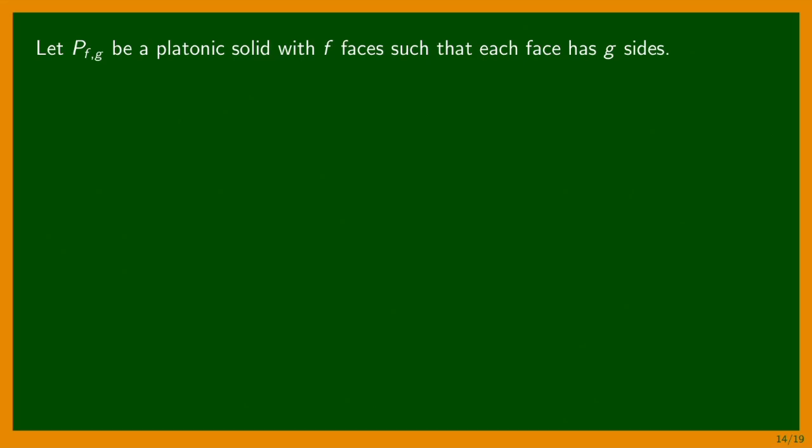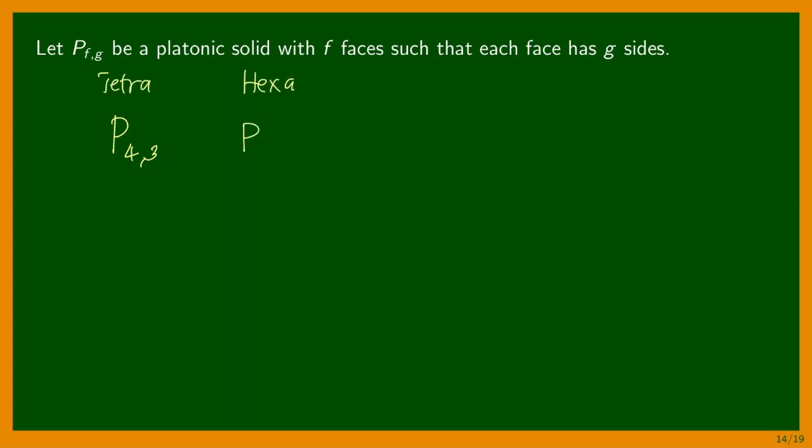Let P_FG be a Platonic solid with F faces such that each face has G sides. Ito na, papasok na yung abstract algebra. Kunwari, F faces, G sides, bawat face. Halimbawa, yung regular tetrahedron: P43.